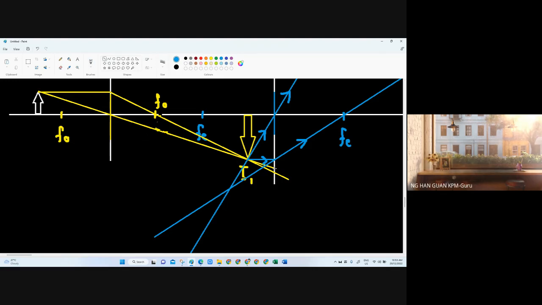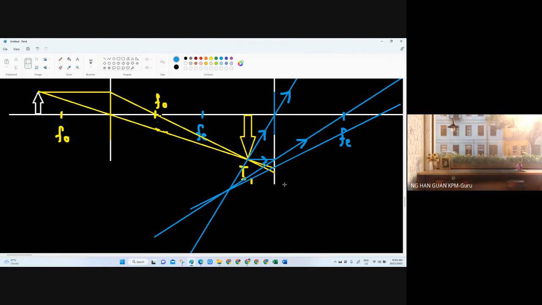Okay, the rest here you can continue. Just now I said how to continue this one: we don't need to go to F, and we are not going to the optic center. What we need to do is adjust the angle until they meet at the same point like this. If you don't want to draw it, just leave it. Then this one here I have to erase.